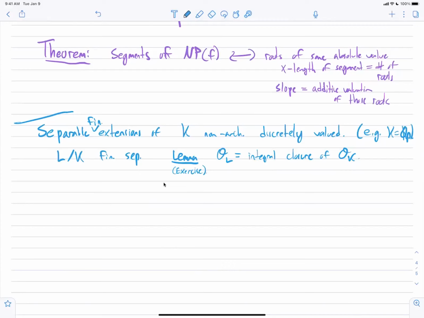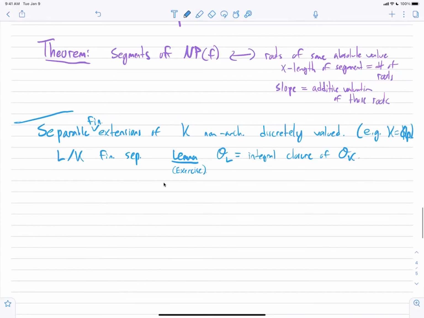But once you have this, the general theory, when O_K is a complete DVR, this is basically equivalent to saying K is discretely valued, as I said near the start of the lecture.